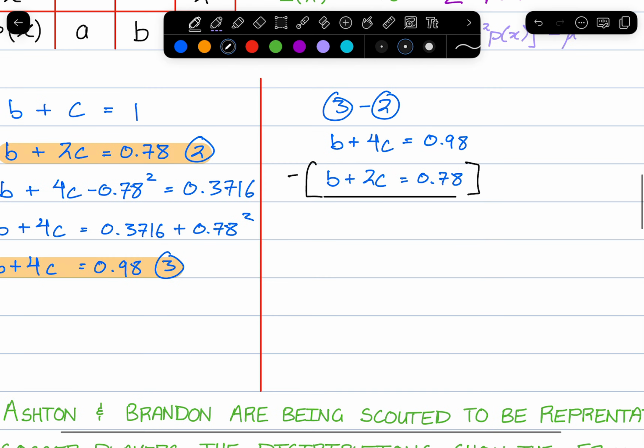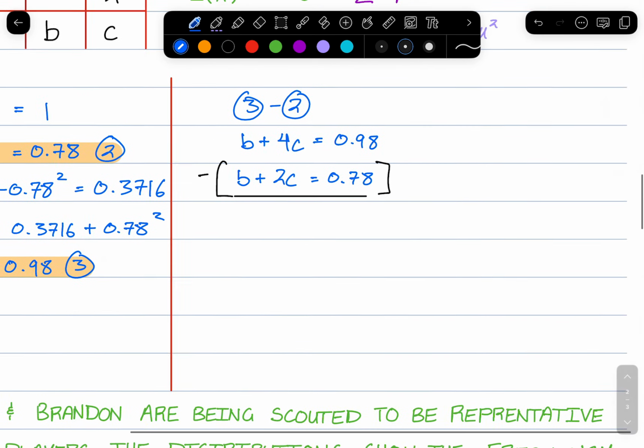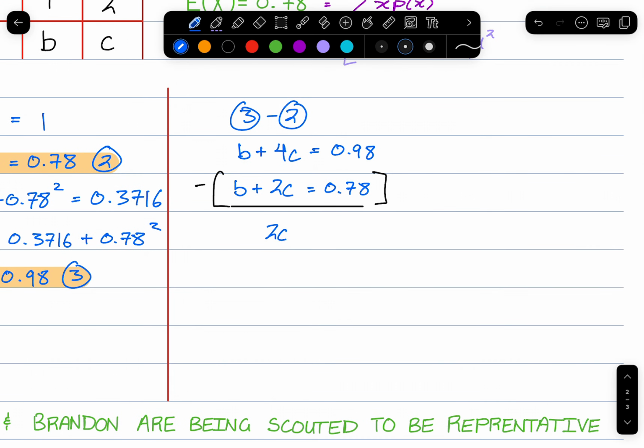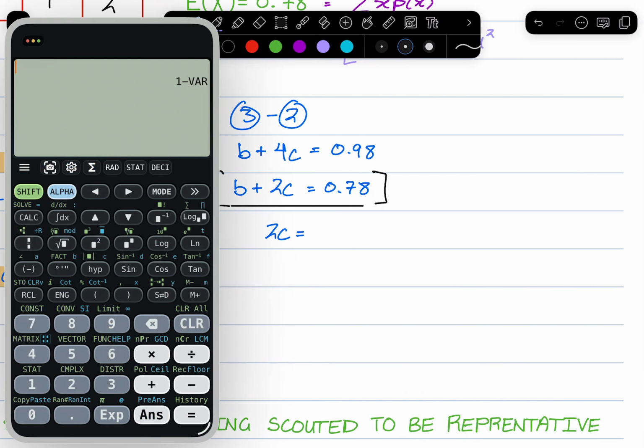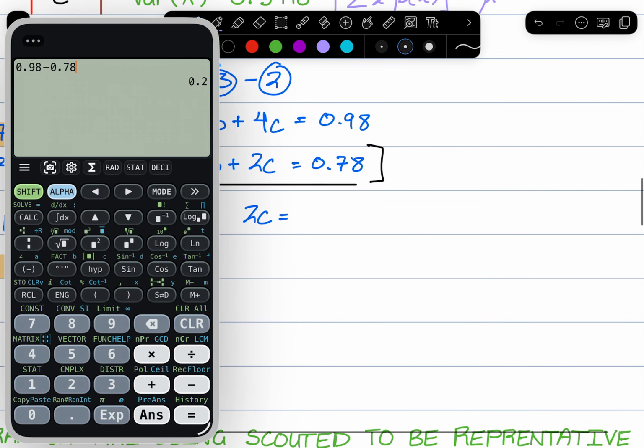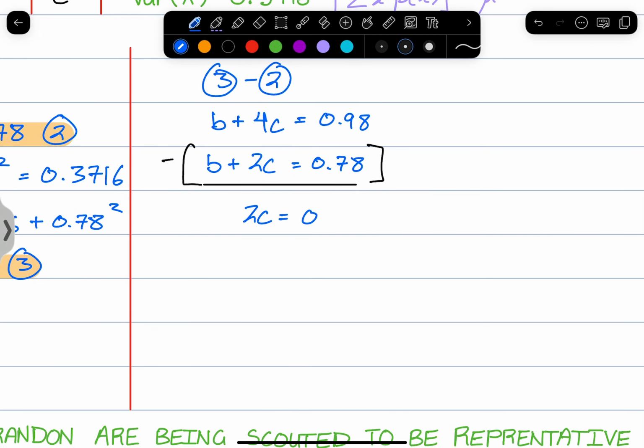Subtracting these two, we're going to get 2C is equal to 0.98 minus 0.78. That's 0.2. So C must be equal to 0.1.